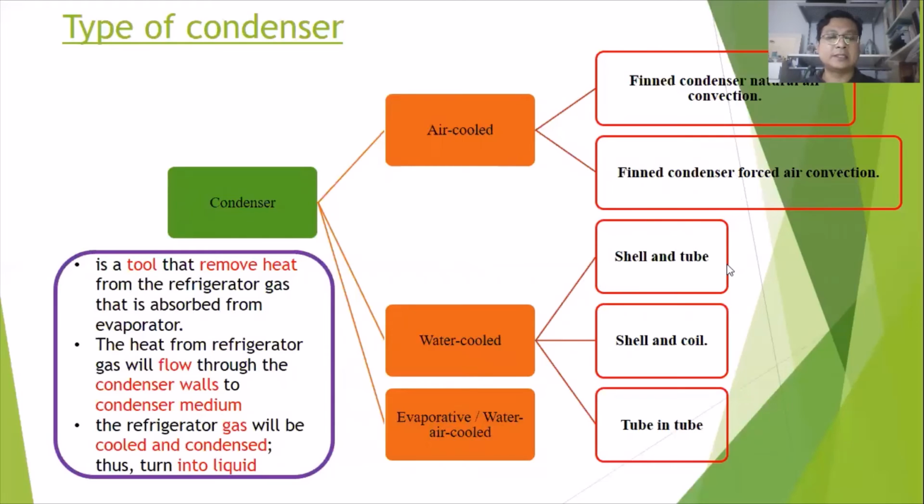You can see the structure later on, how the shell works. This is very complicated compared to the fin. And then shell and coil, and then the last one, tube in tube. So the last type of condenser is evaporative water air cooled, with only one system.